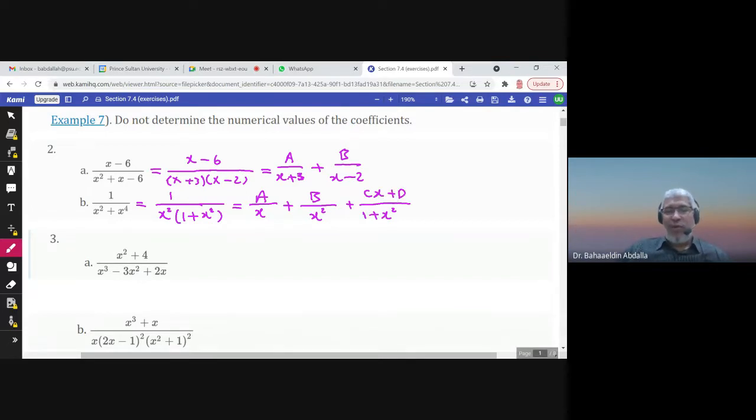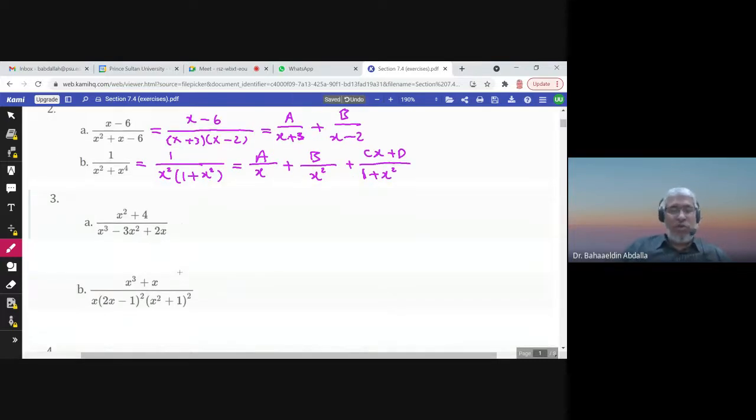If you have any problem, please study the lecture before you come to the exercises, the previous video. All right, how to factor here? I can take x as a common factor, and when I take x as a common factor, I'll have x squared minus 3x plus 2.